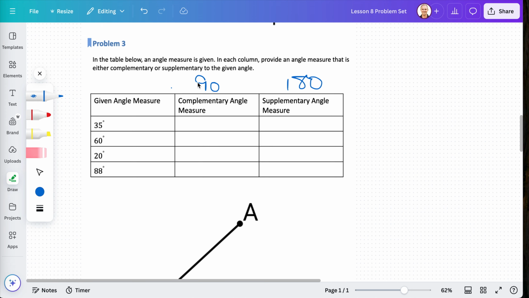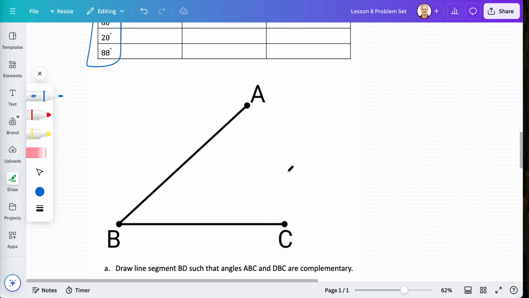So we can take this and subtract these values here to get the measurement of the complementary angle. Same thing here. We can take 180 and we can subtract these values one at a time. Okay, next.